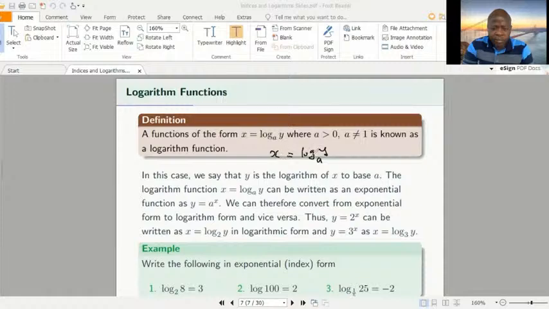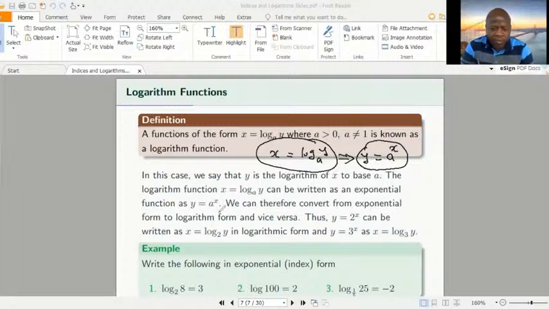And so what I've said is that for us to write this in index form, we drop the log here and interchange the positions. So y goes to where x is and x goes to where y was. So this one is the index form of this logarithmic form. This is the logarithmic form, and it can be converted to index form. And that's what I've written here.